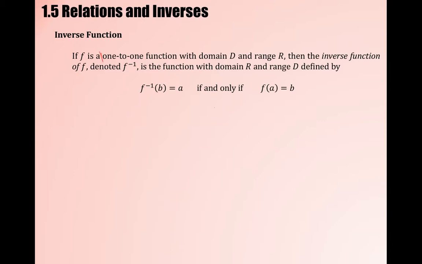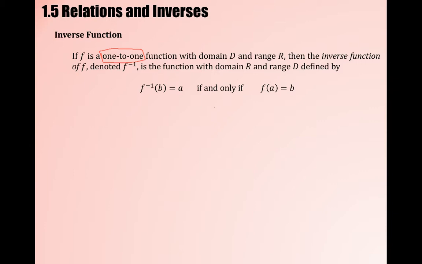So I want to go back right here. What is one-to-one? One-to-one is saying that every input has one output, but also every output has one input, right? So it is a one-to-one function if the given function and its inverse are both functions, right?